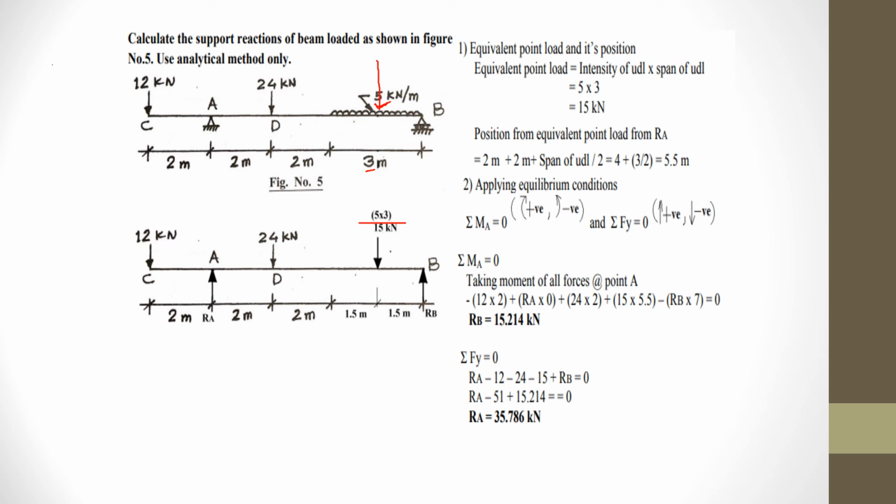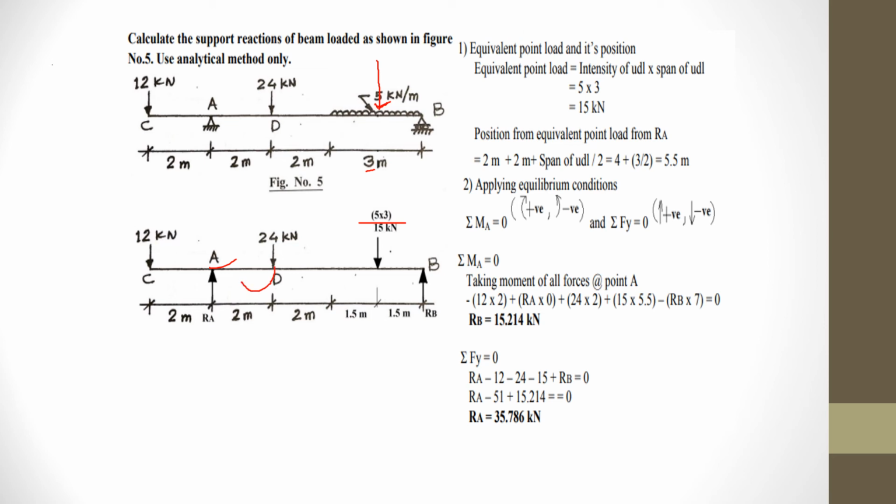So take moments of all forces at point A, that is minus 12 into 2, as this is in anti-clockwise direction, so it will be minus. So minus 12 into 2 plus RA into 0 because RA lies on the same point A. So it will be 0 plus 24 into 2 as it is clockwise.